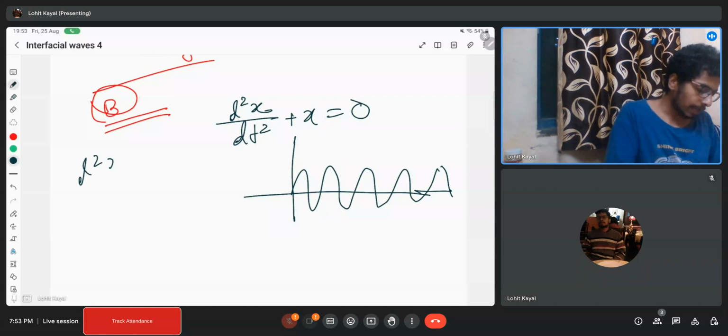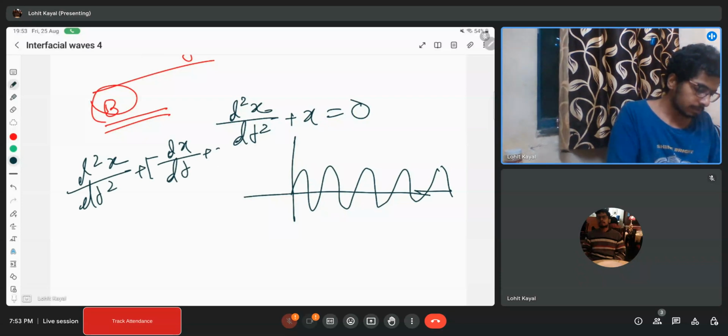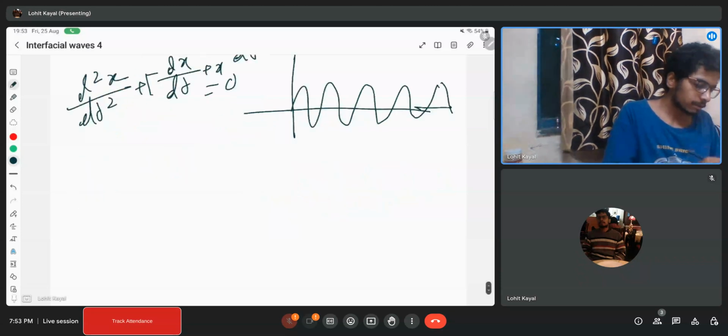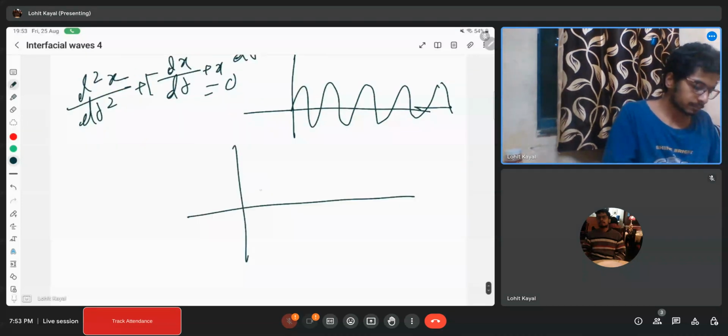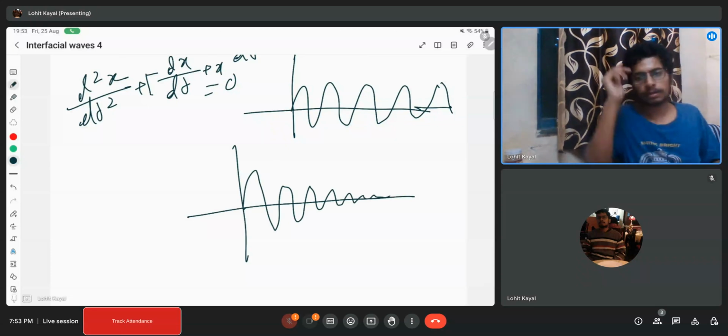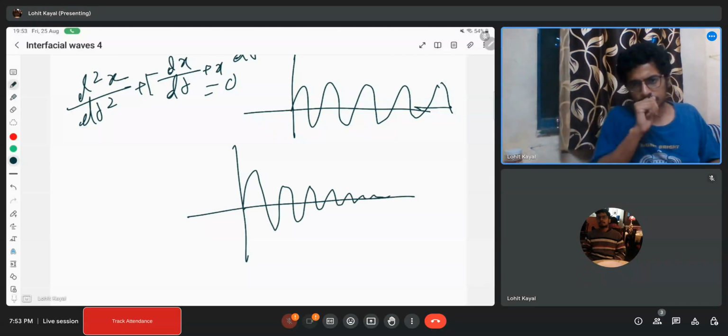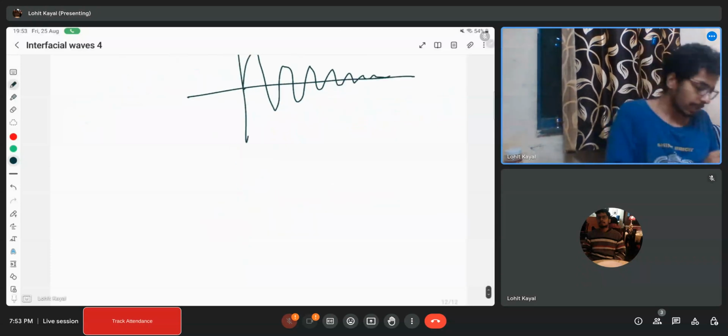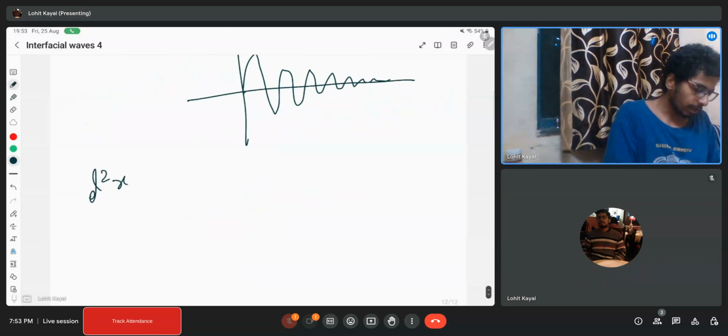Now, if I add a viscous damping term to it, d2x/dt square plus gamma dx/dt plus x equal to 0, what will be the solution? Its amplitude will decrease and it will finally be 0. We know that, right? And now in this question, we have both damping and forcing.